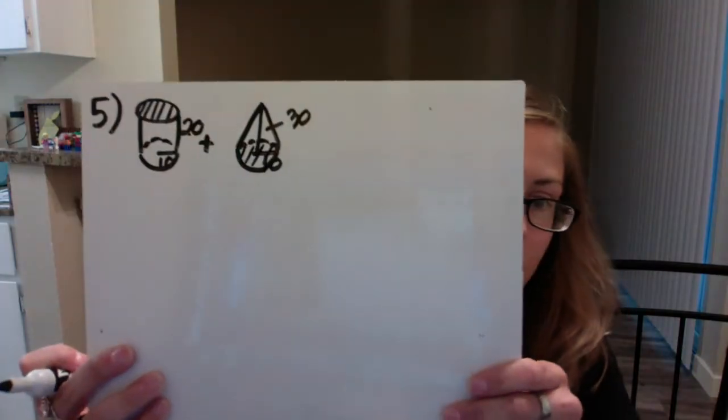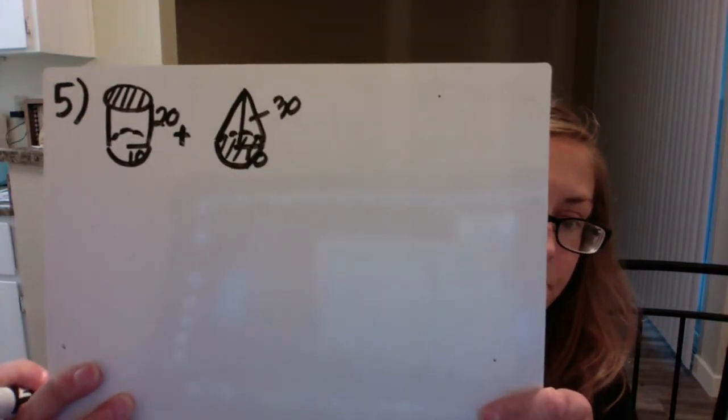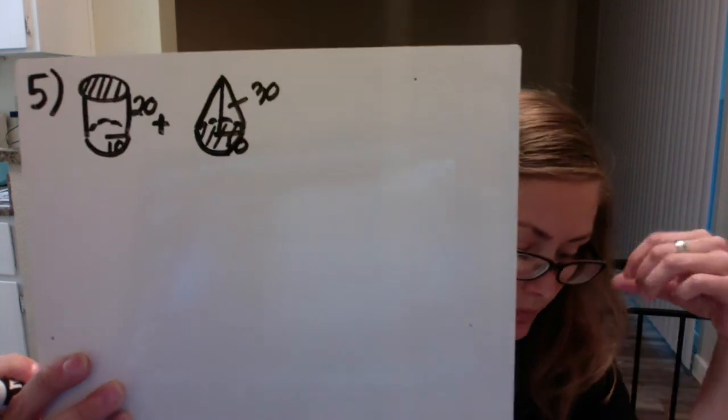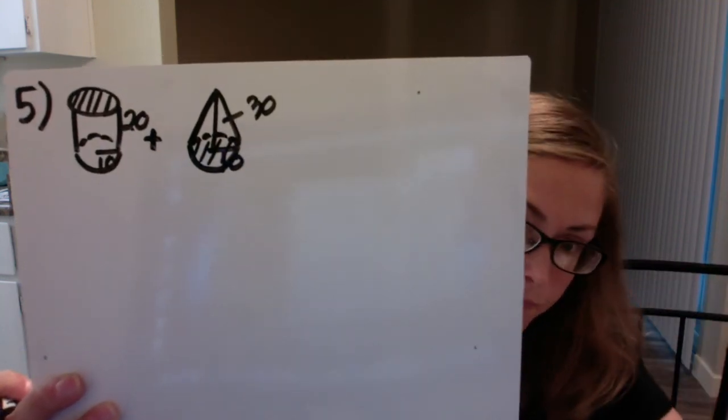And again, we're not going to need certain parts of the pictures. So we're going to have the surface area minus one of the bases plus the lateral area.